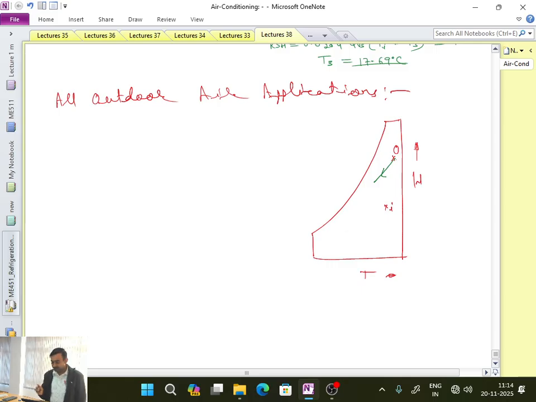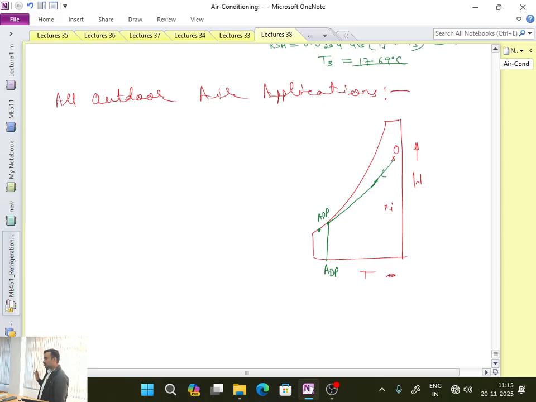Is this one clear? So from this, say my apparatus ADP is this one. If this is my ADP, then this line from O to ADP is representing the actual load on the cooling coil.